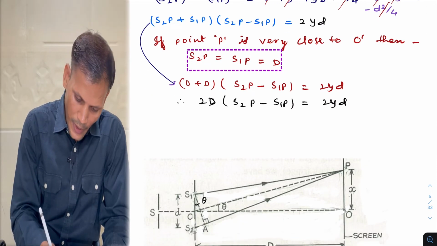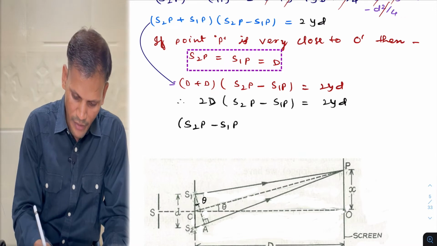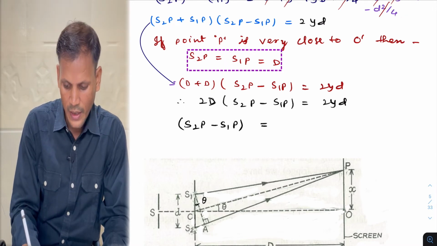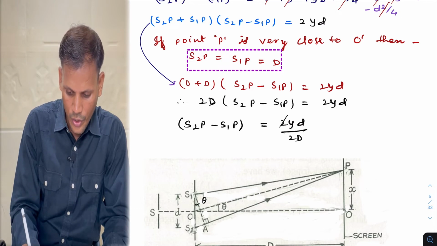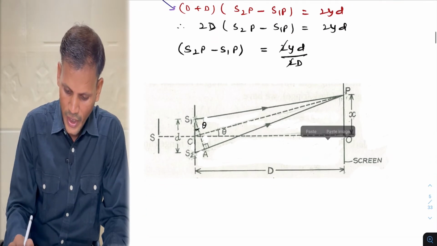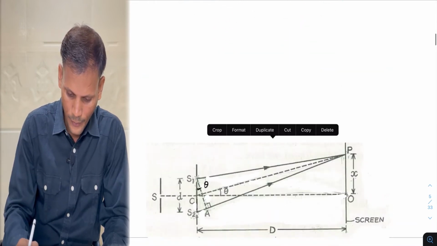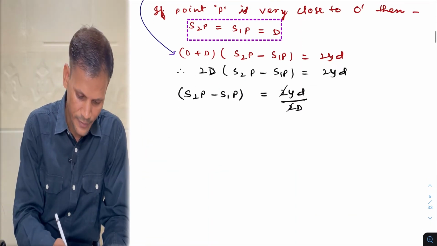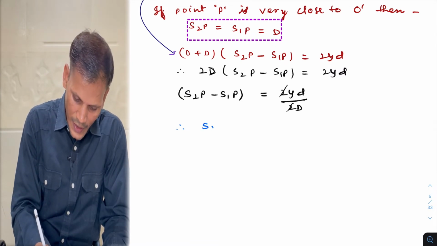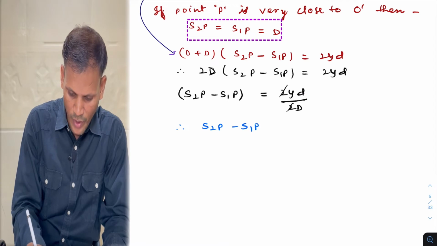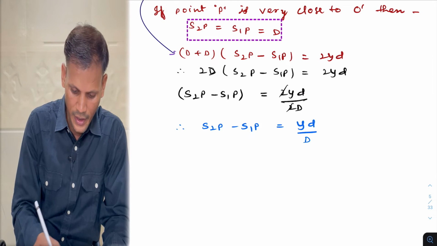So the path difference, S2P minus S1P, whatever was to be calculated, will be 2YD by 2 capital D. So 2 gets cancelled, so we are getting the path difference S2P minus S1P is equal to YD by capital D.